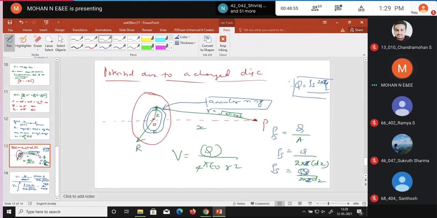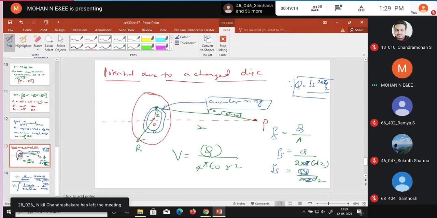Also you can expect the potential due to a dipole, or a quadrupole, or an octopole. Those expressions you will have to derive.